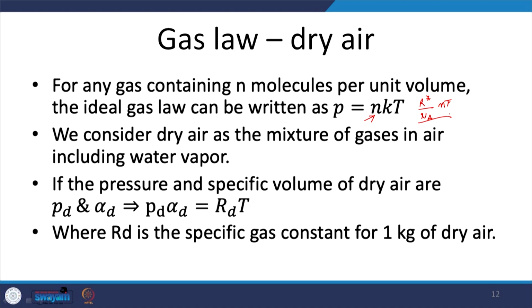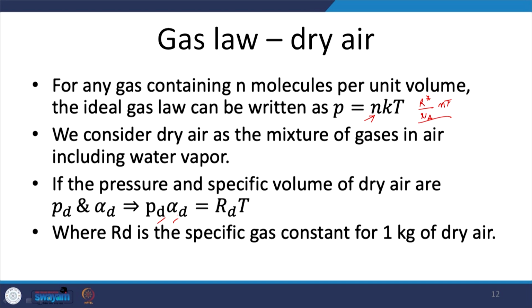So we consider dry air to be the mixture of gases in the atmosphere. Okay. So dry air is the air that we see around ourselves, right. Now let us say the pressure and specific volume of dry air are: pressure is Pd and the specific volume occupied by 1 kg of air is alpha d.